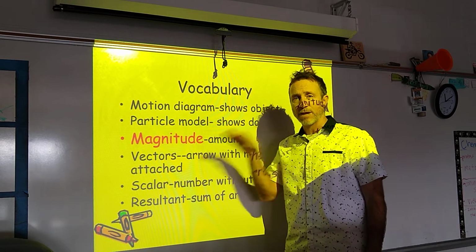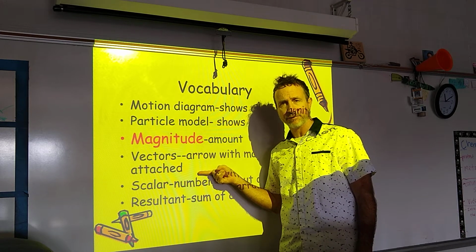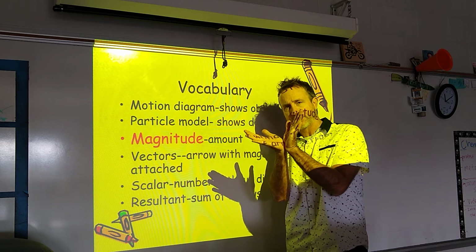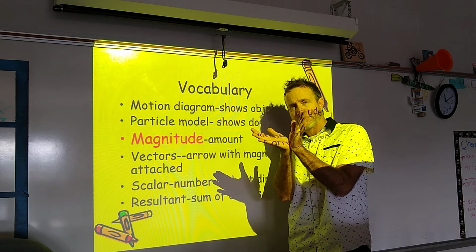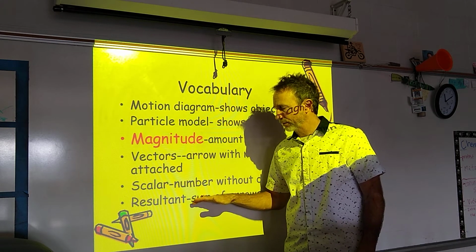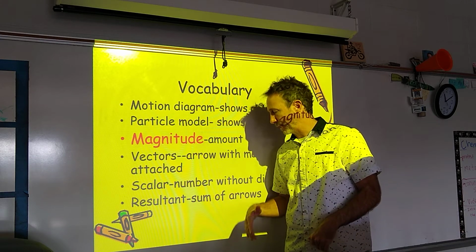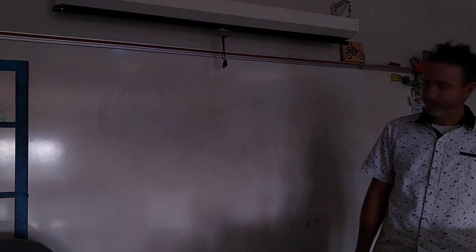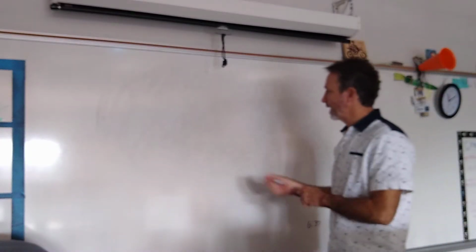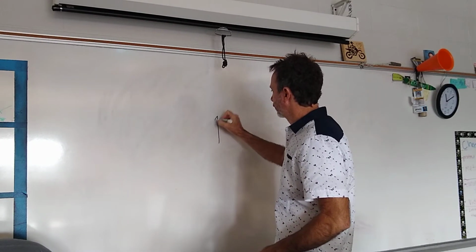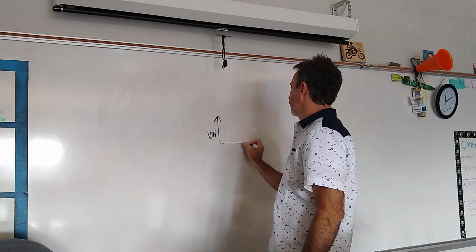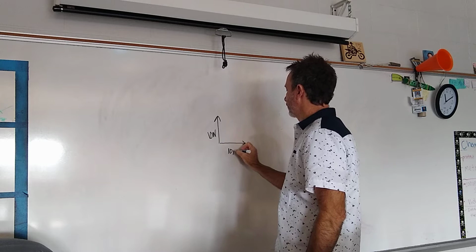Okay, vectors are arrows that have numbers attached to them. And if you have two different arrows going in two different directions, then the resultant will be the sum of both of those arrows. So here's an example. Let's say something is pushing with 10 newtons of force up, and something else is pushing with 10 newtons of force sideways.